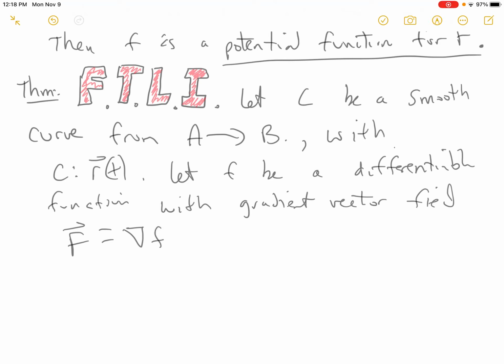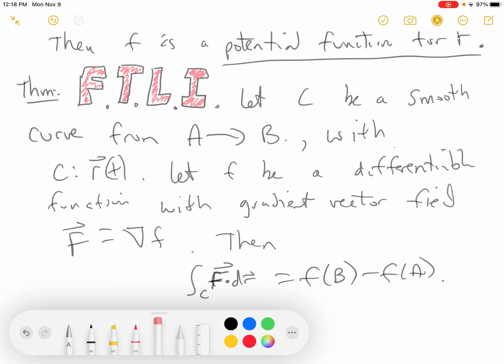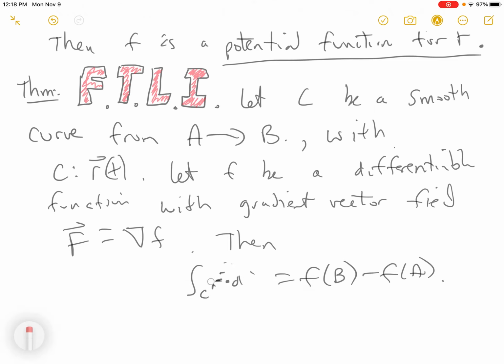So now we've made the conservative vector field from a function. Then the conclusion is the integral around the curve is f of b minus f of a. This looks so much like the fundamental theorem of calculus that that's why it's called the fundamental theorem of line integrals, right?